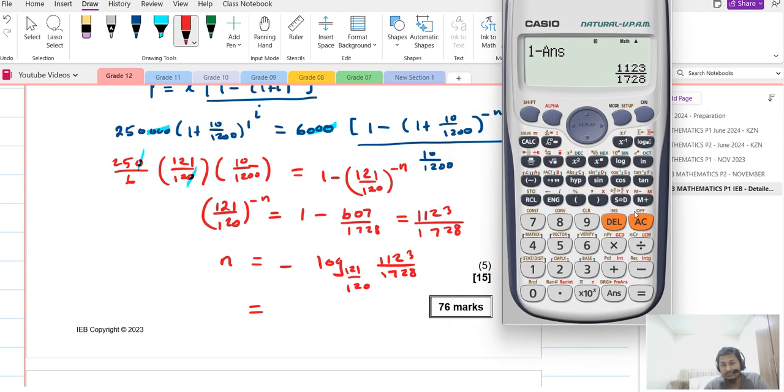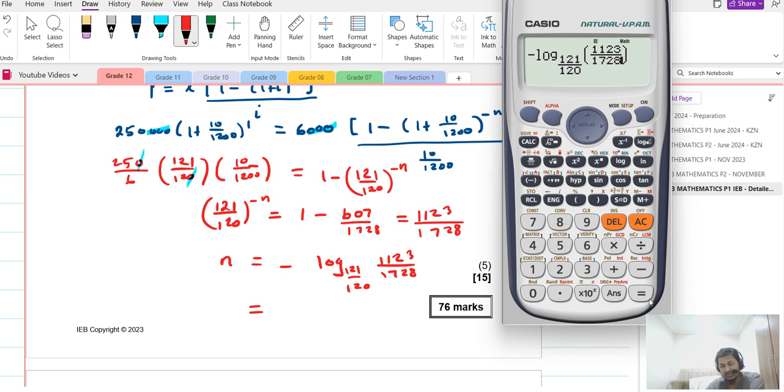So I'm going to put the calculator on, negative with a log, base is 121 over 120. You don't have to do that, you can just say 1 plus 10 over 1200 is fine, and that is 1123 over 1728, and see what I get.